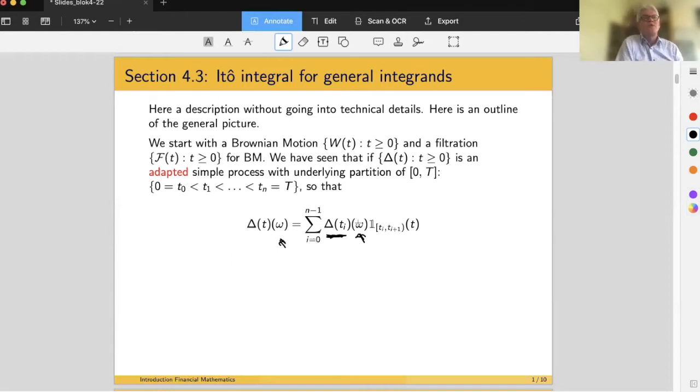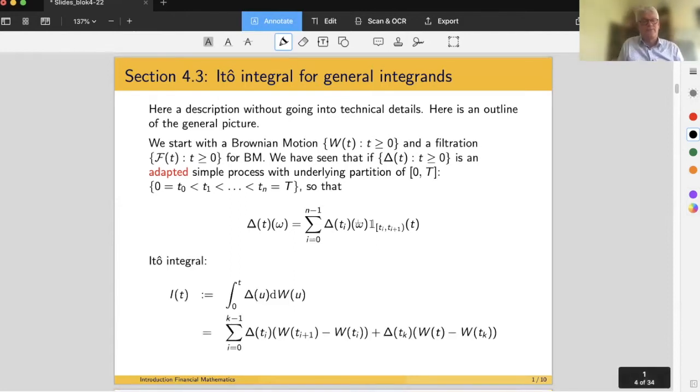For such a process, we have defined the Ito integral, and we denoted it by I_t. It was defined as the integral from 0 to t of Delta_u dW_u, where u is the running index.